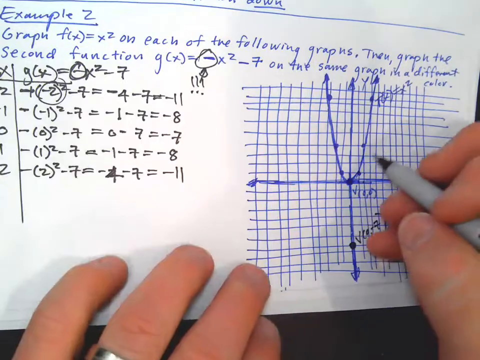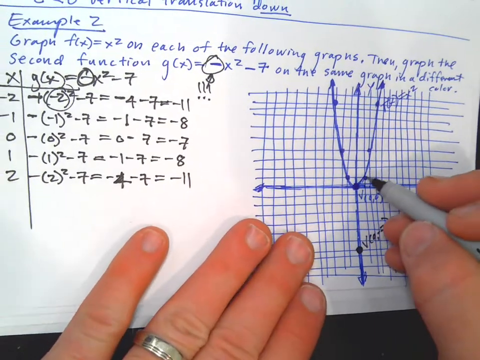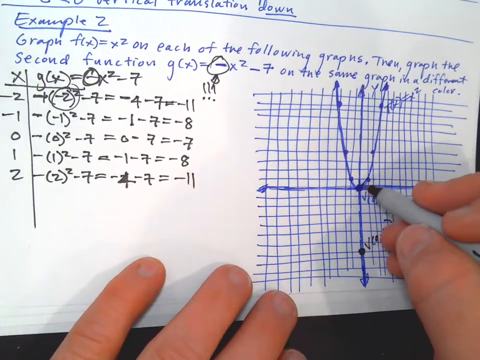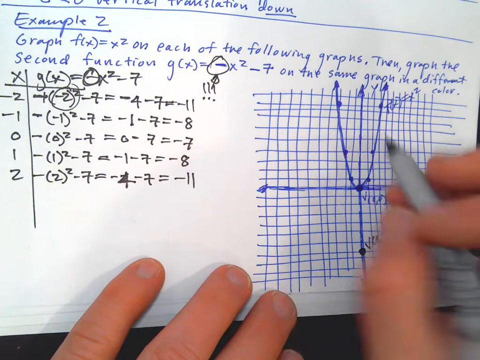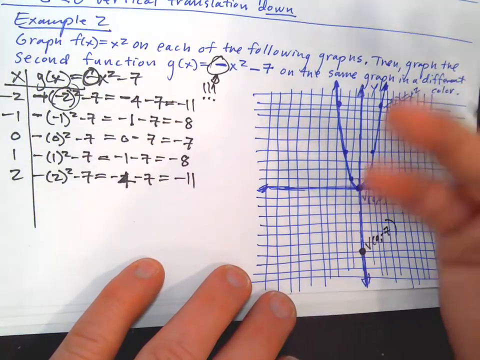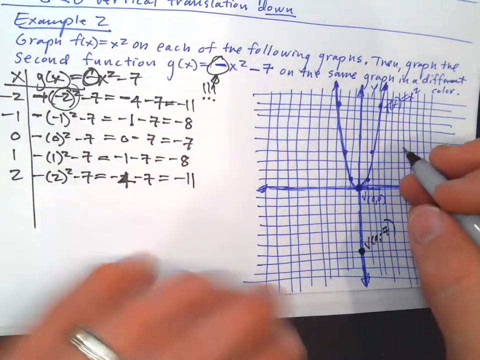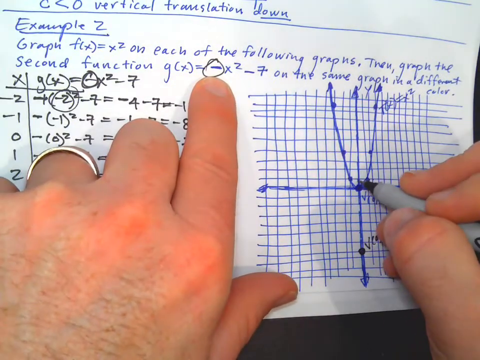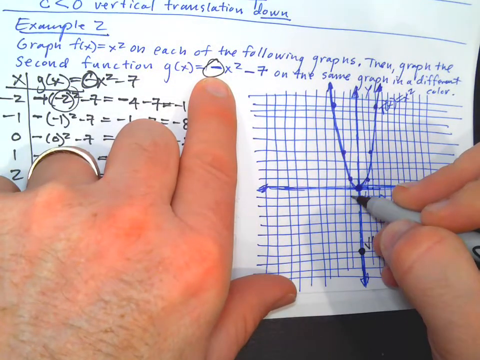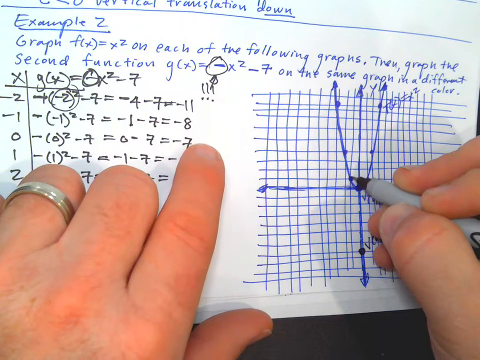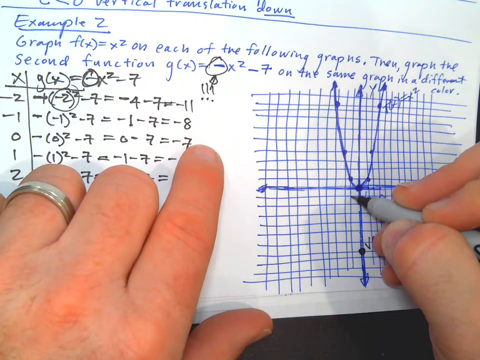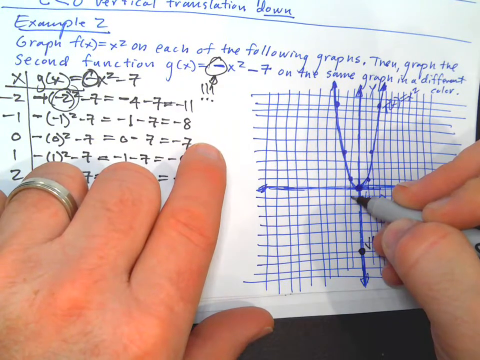Okay, the effect on this other graph is the parent function. Remember, usually I'm like, okay, well, if there's a number in front, you're going to multiply all the ups by that amount, or subtract 7. But this negative has to happen first. It's going to flip it from +1 down to -1. So instead of over 1 up 1, it's going to be over 1 down 1, and then down another 7.